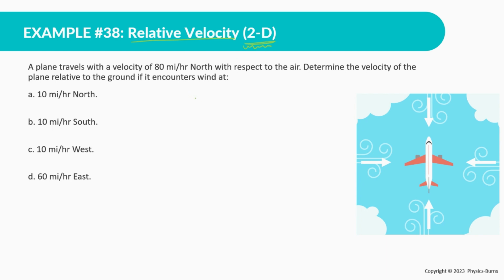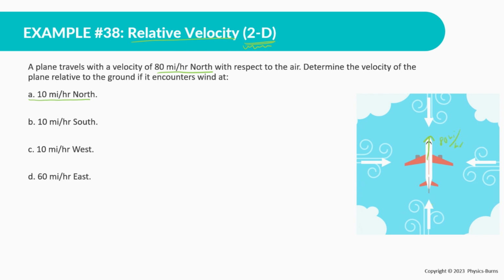A plane travels with a velocity of 80 miles an hour north with respect to the air. Determine the velocity of the plane relative to the ground if it encounters wind at, let's first do A, 10 miles an hour north. So this guy over here is going 80 miles an hour, let's say without any wind.